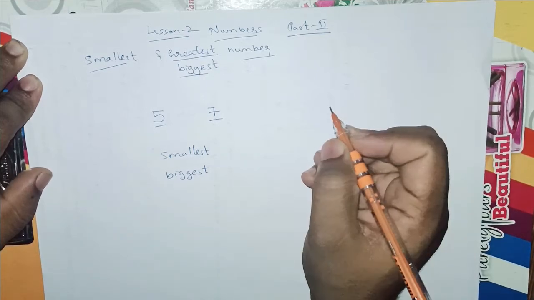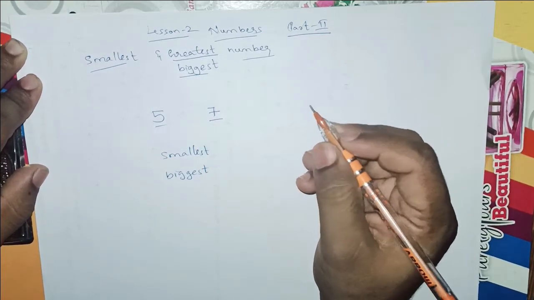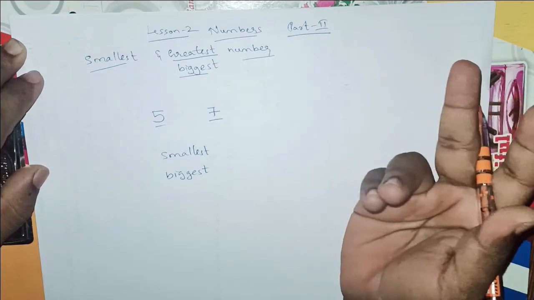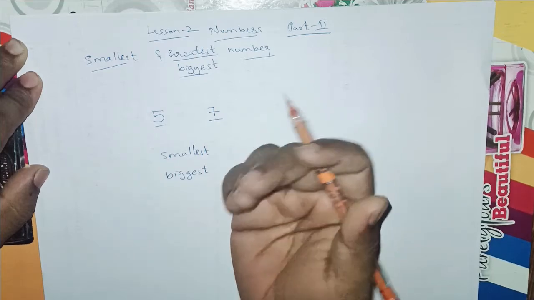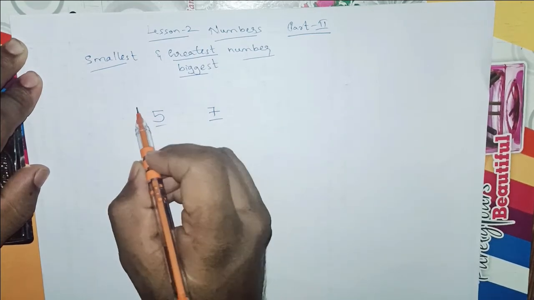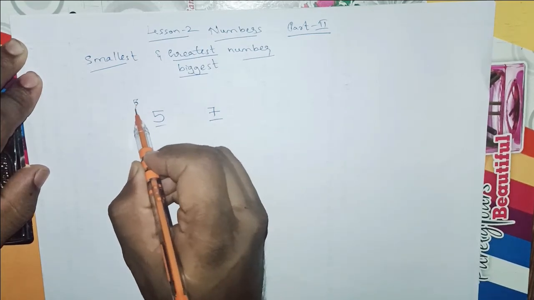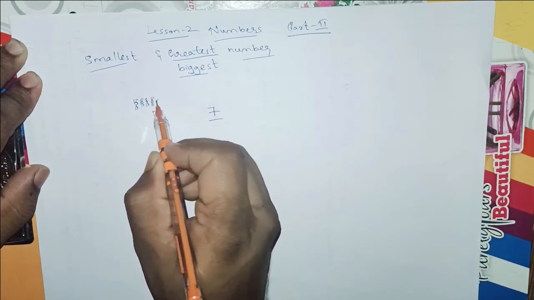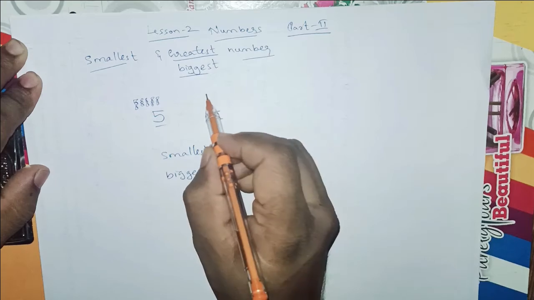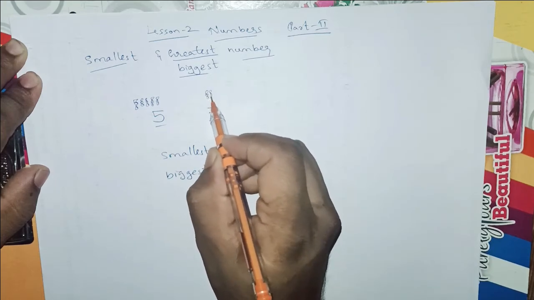How will you come to know? You can do it in two ways. You can consider any objects. For example, say you have chocolates. 5 chocolates here, and here how many? 7.